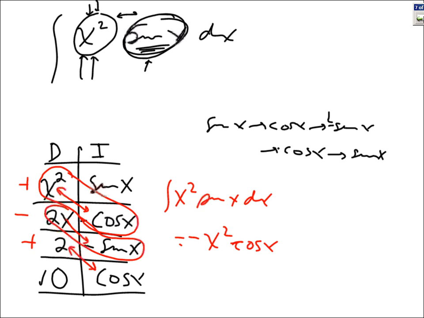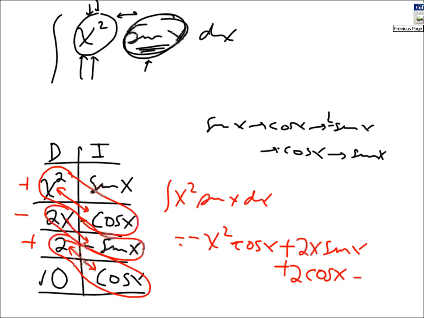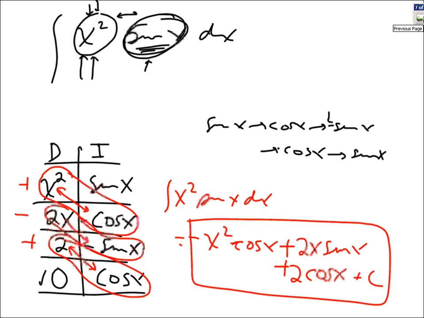That product is negative, but when you subtract it, it becomes plus 2x sine x, plus that product, plus 2 cosine x plus c. There's the answer. There's the answer right through this problem.